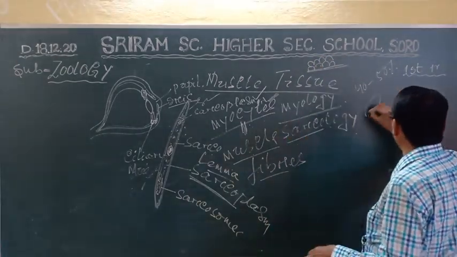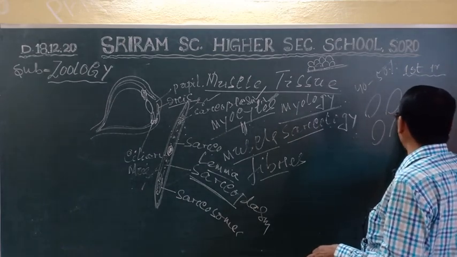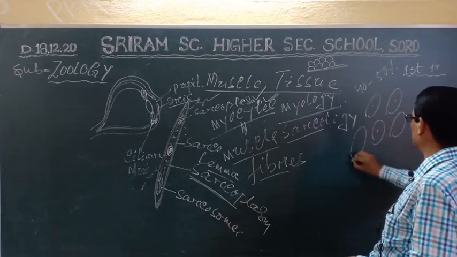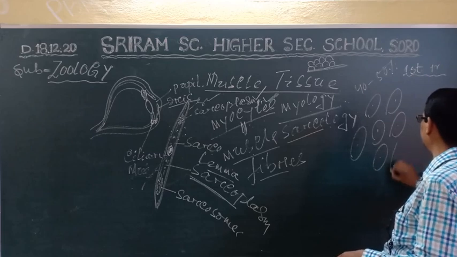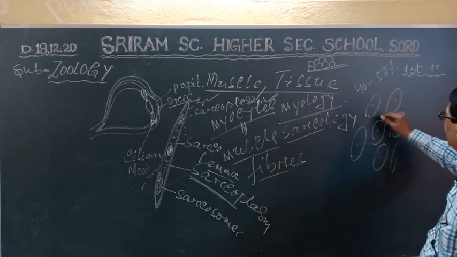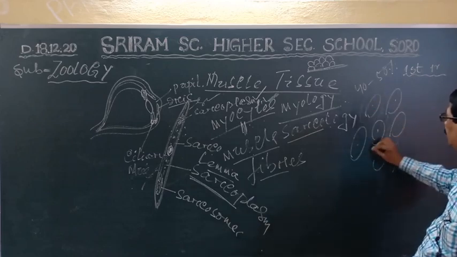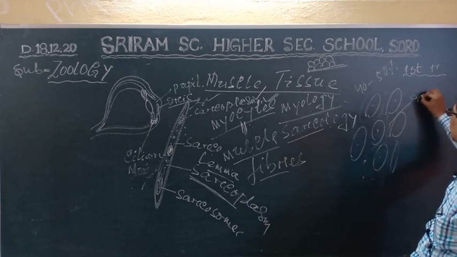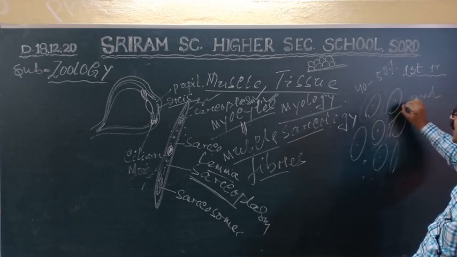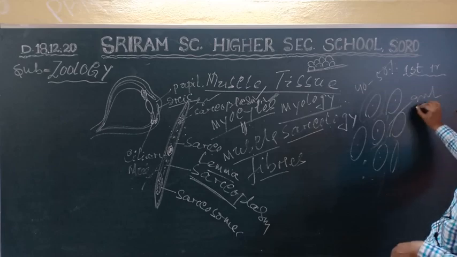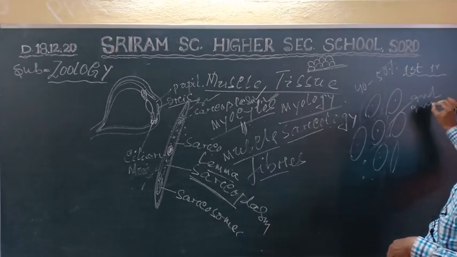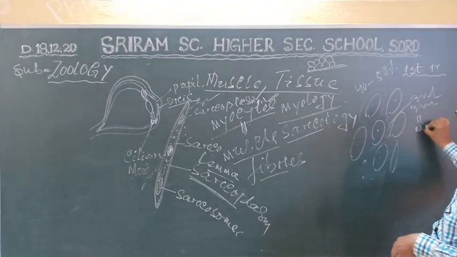But in the case of connective tissue, the cells are haphazardly present, widely distributed, having a large gap among them. This is called the intercellular space, which is filled with a fluid-like substance called the intercellular fluid, or the matrix.